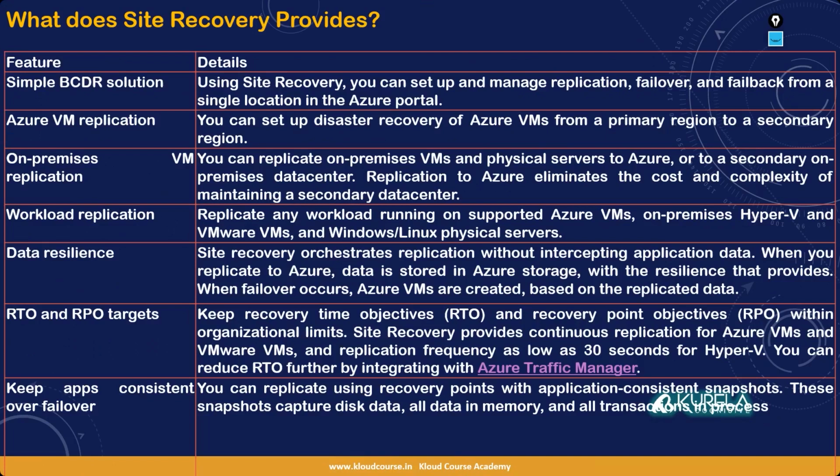How long do you need? You need 5 hours, 10 hours, 1 day. So what is the RTO? How much time do you need to put it back to normal, to make it operational?